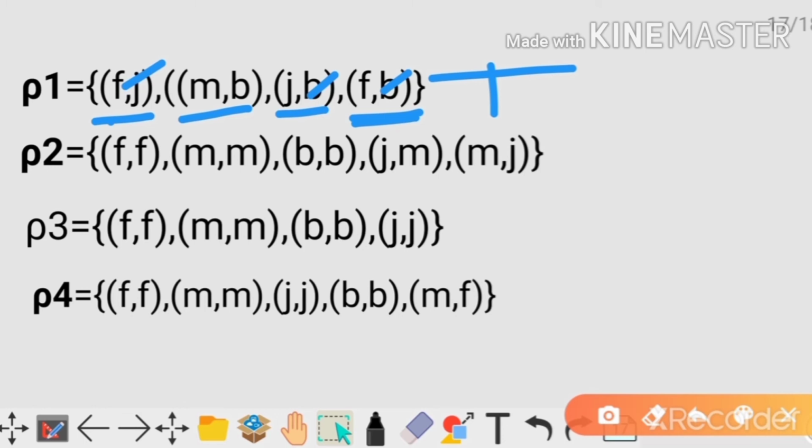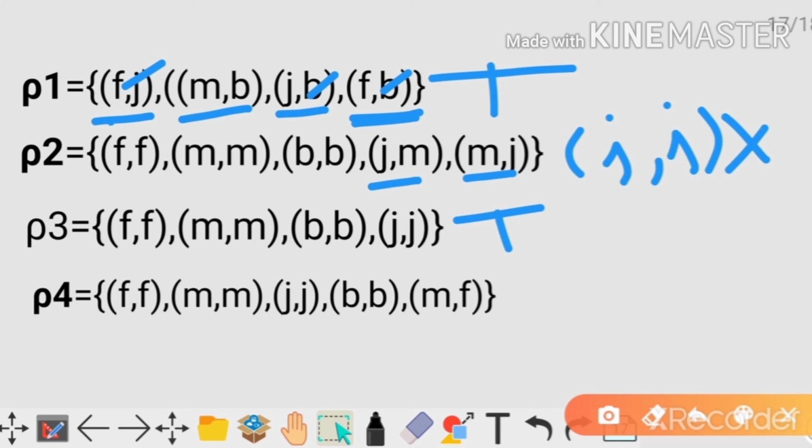Now for rho 2, it contains JM and MG but not JG, so it is not transitive. For rho 3, there is no problem with the transitivity of identical elements, so it is also transitive. For rho 4, it contains MM and MF, and the AC product will also be MF, so it is also transitive.